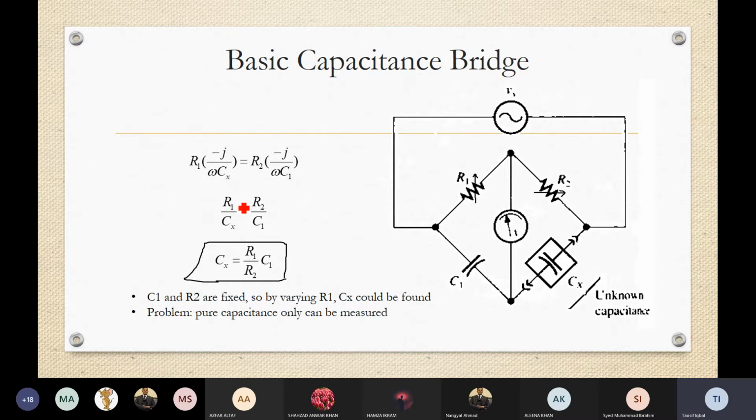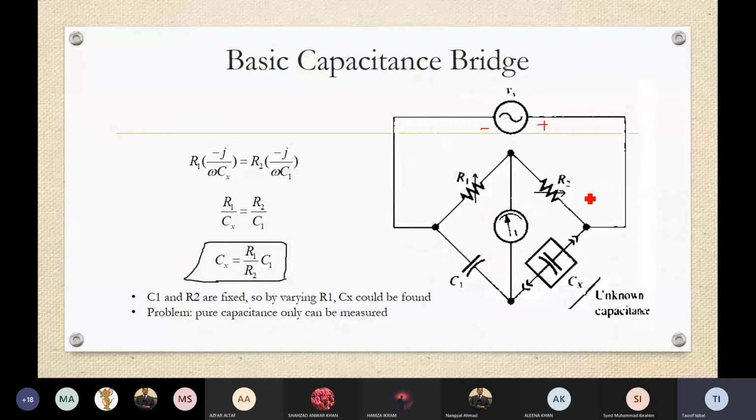So the ratio in this case is going to be like this: R1 divided by Cx. Let's assume this side is positive and this is negative for the first half cycle, and then it's the other way around.